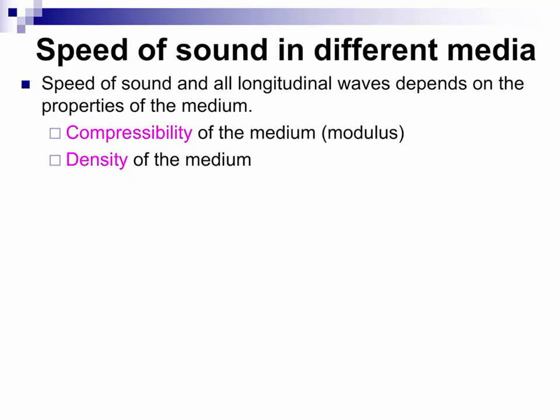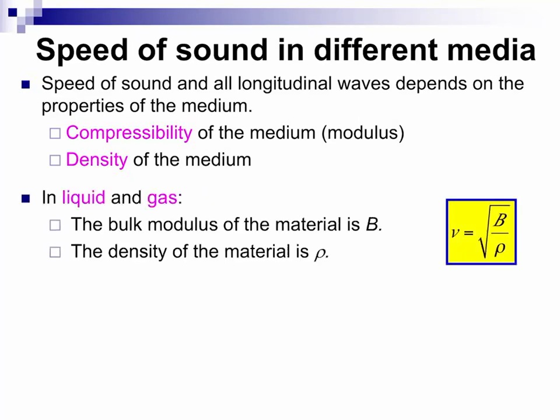When we were talking about the elastic properties of materials, we learned about the Young's modulus of elasticity, which tells us how easily an object can be deformed. So in a way, the compressibility is embodied by the Young's modulus of the material. For liquids and gases, it's the bulk modulus B, and the density rho.